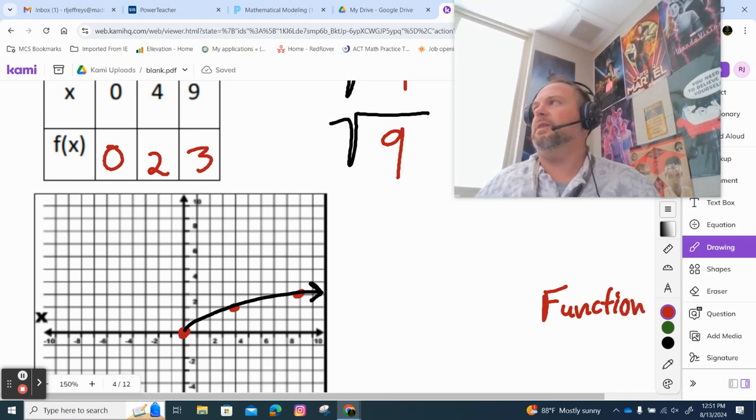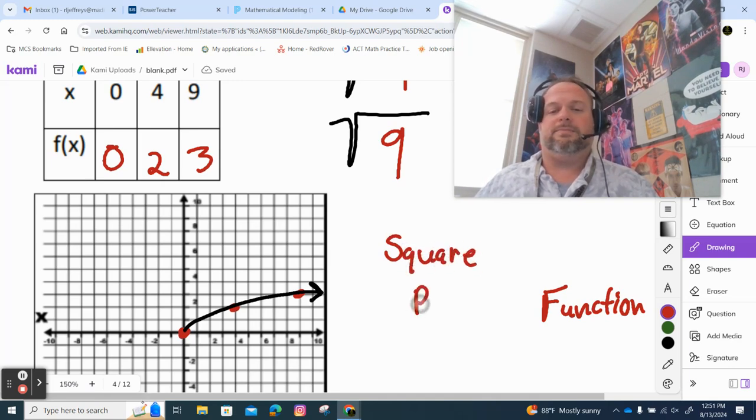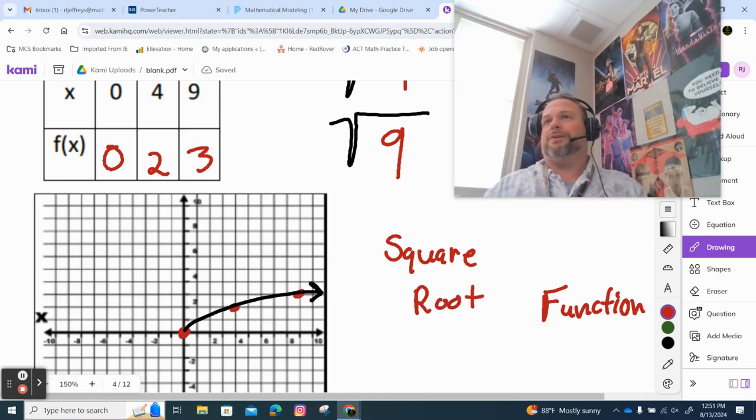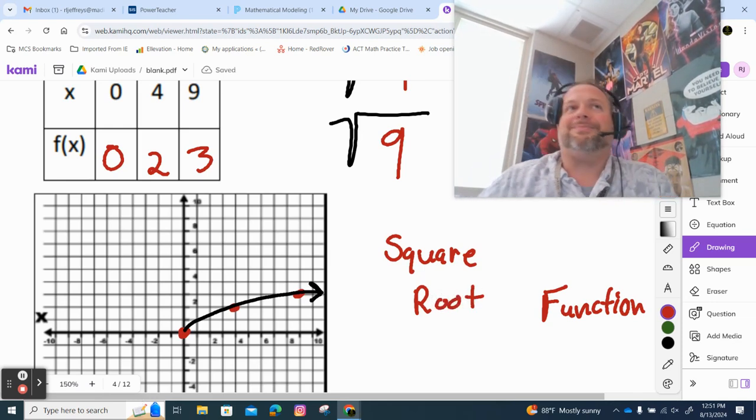Any guesses to what this is named? I heard heart function. Arc. The bend. It's the square root function.